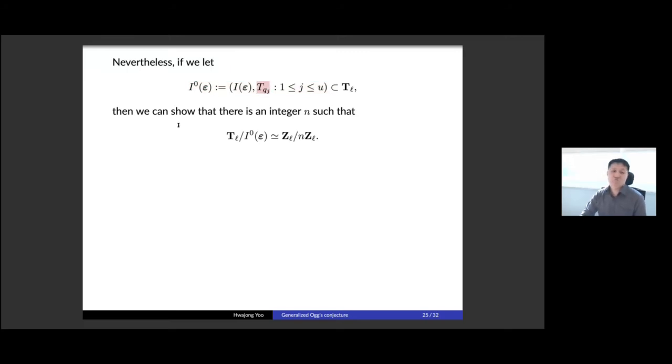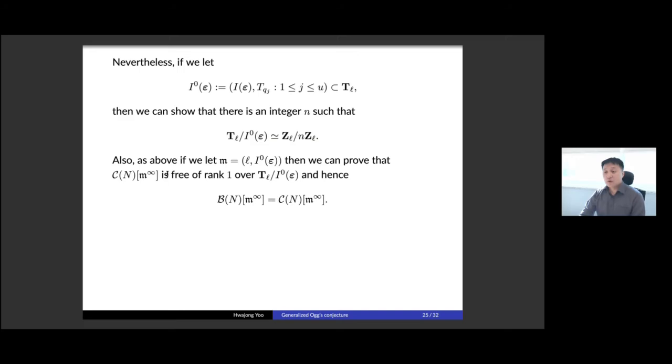So now this ideal contains all Hecke operators, and the Atkin-Lehner involutions are congruent to integers modulo this ideal. So now we can prove that there is an isomorphism like that. So this is very good.